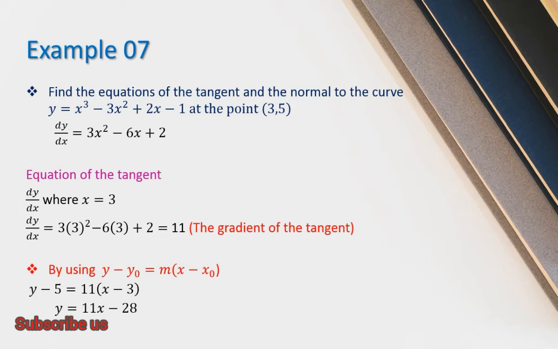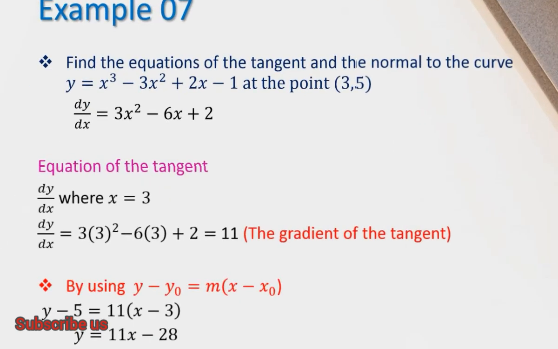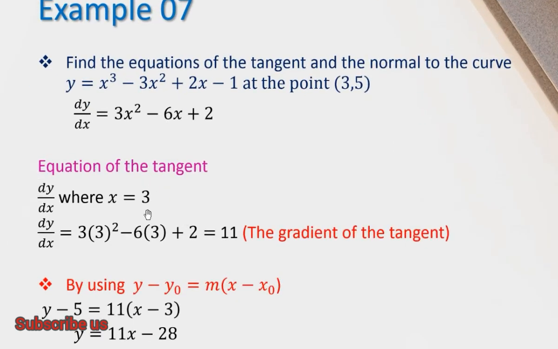For the equation of the tangent, we know after substituting the relevant value for x into this equation, we can get the answer: dy by dx equals 11. The gradient of the tangent is 11.